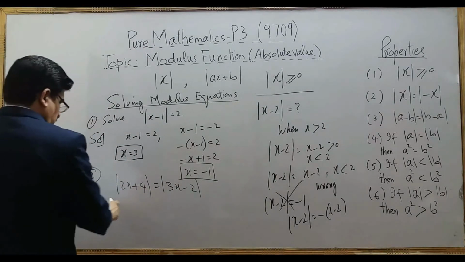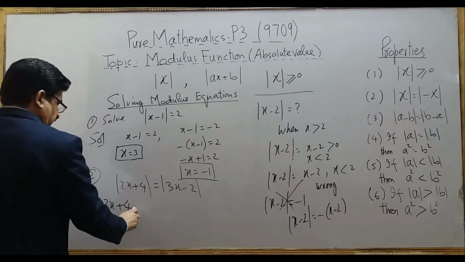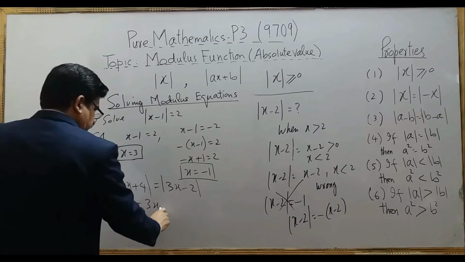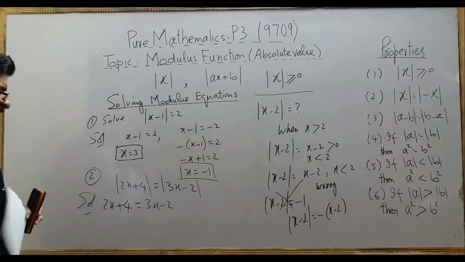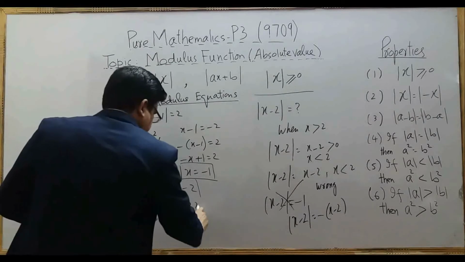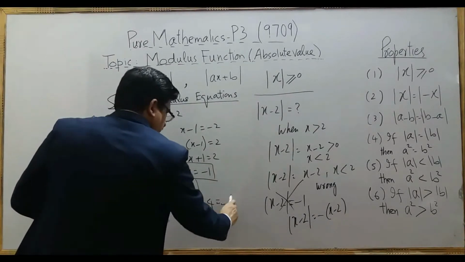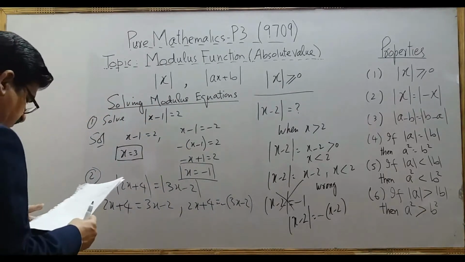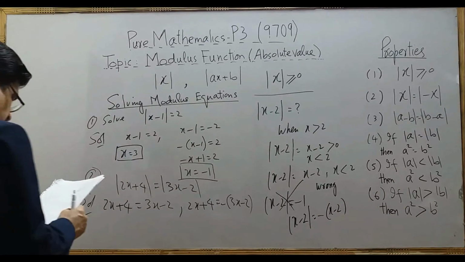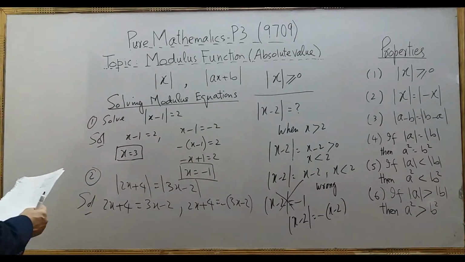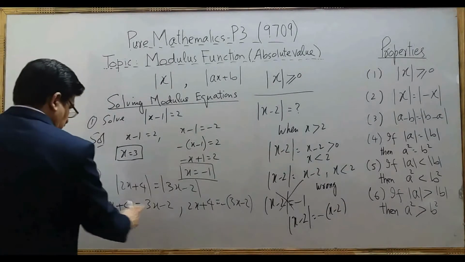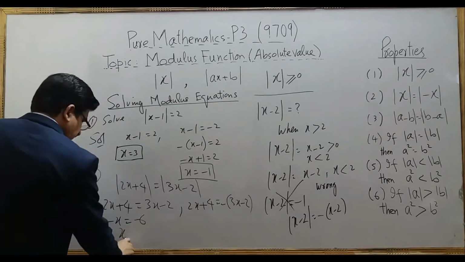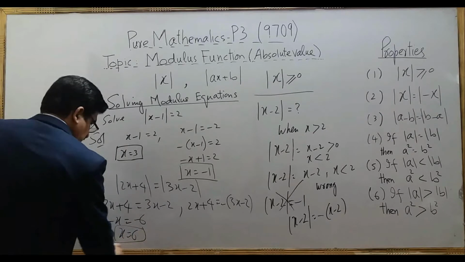Again, applying the basic definition, now this is the solution. First you write it as it is, with plus sign, and then you write 2x + 4 with negative sign. So if you solve these two, here you will have −x = −6, x is equal to 6.